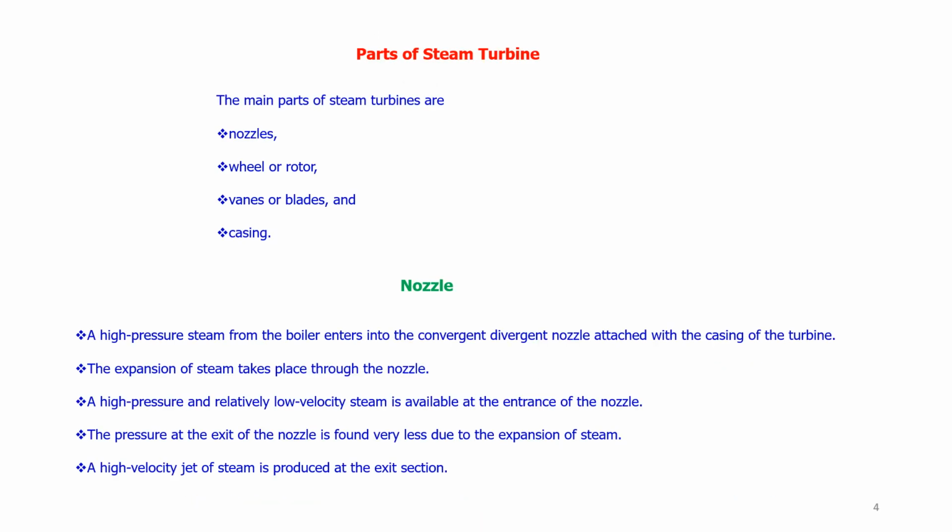What are the major components or major parts of a steam turbine? Nozzles, wheel or rotor, vanes or blades and casing. The nozzle, we know, converts low velocity into high velocity, and at the same time high pressure to low pressure.